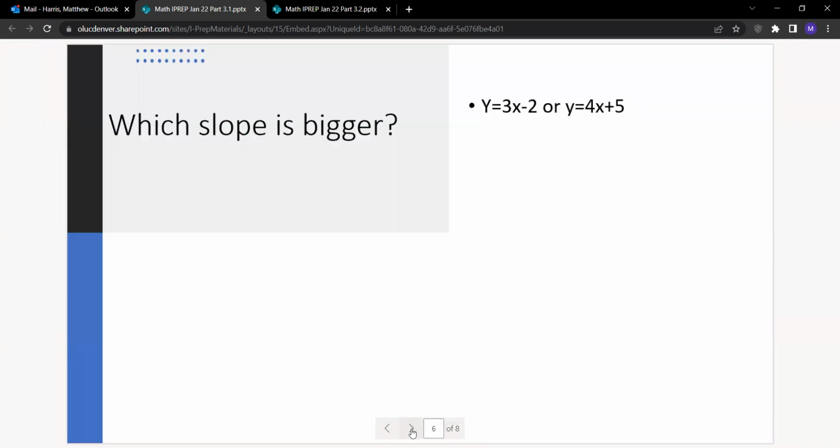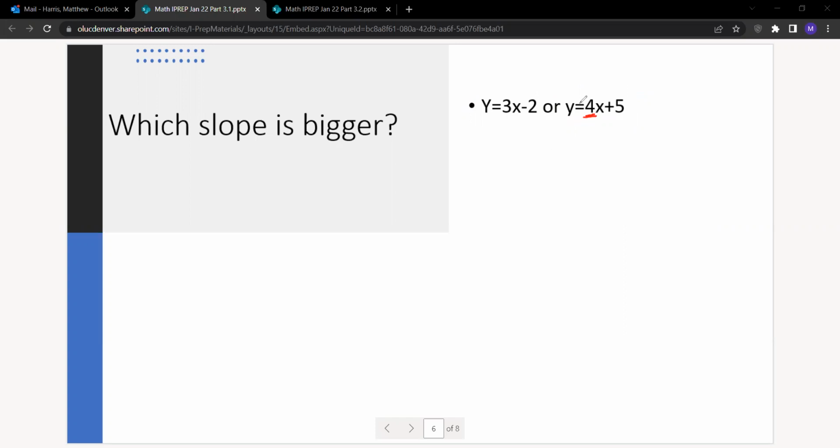So let's compare some equations to each other and take some guesses about which slope is bigger. So in this first one, we have 2 equations. We have y equals 3x minus 2, and we have y equals 4x plus 5. Which of these has a bigger slope? If you said this one, you are correct, because 4 is bigger than 3.